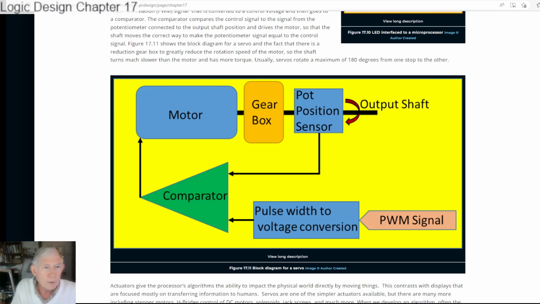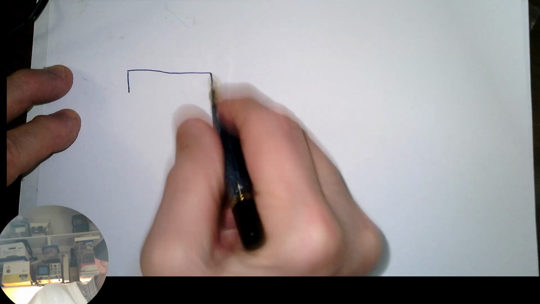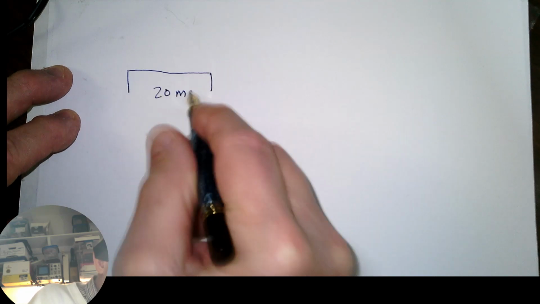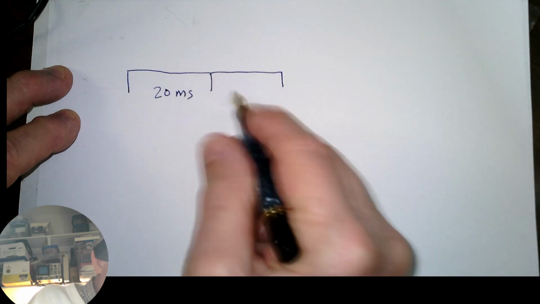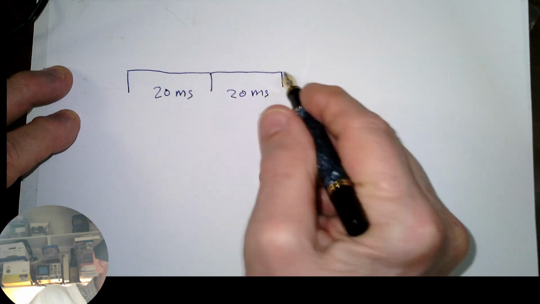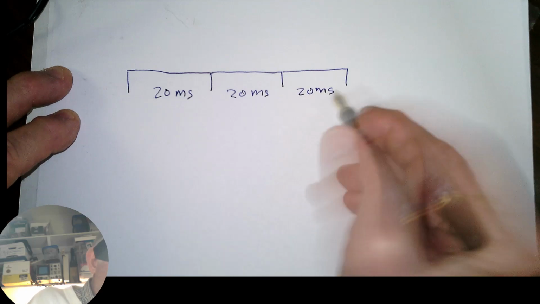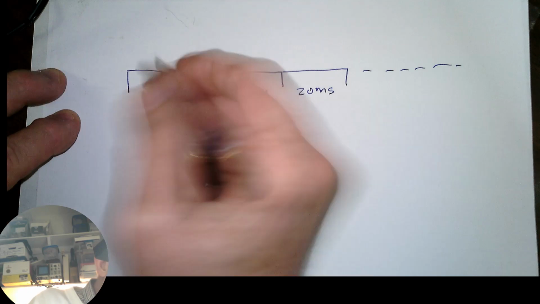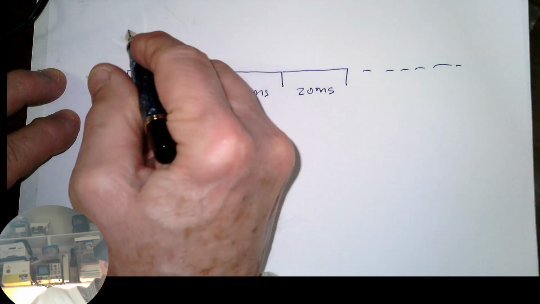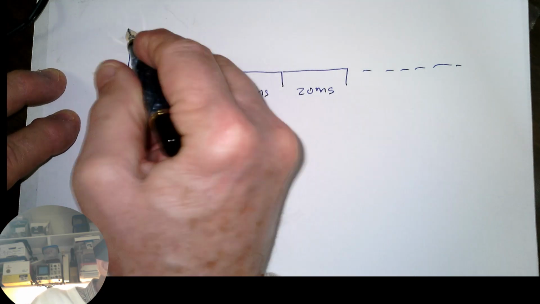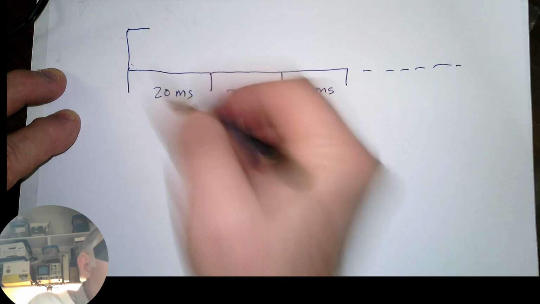So this PWM signal, first of all, we have a pulse repetition rate. We have this, say, our 20 milliseconds, and then we have another 20 milliseconds, and then another 20 milliseconds, and so forth. During this time, our signal starts off high, and then it stays high for some part of this 20 milliseconds.